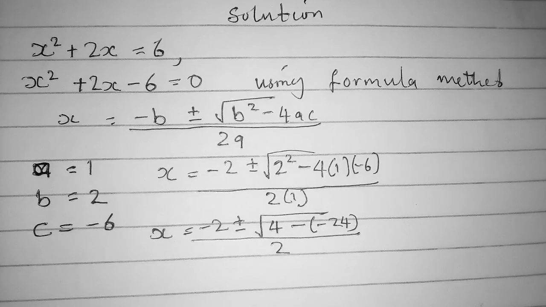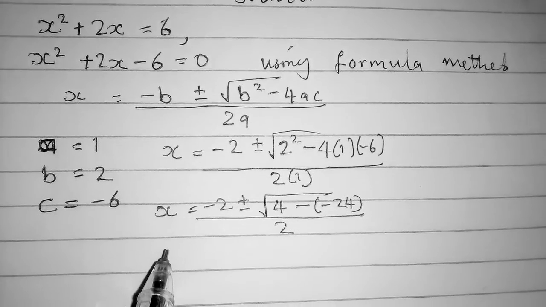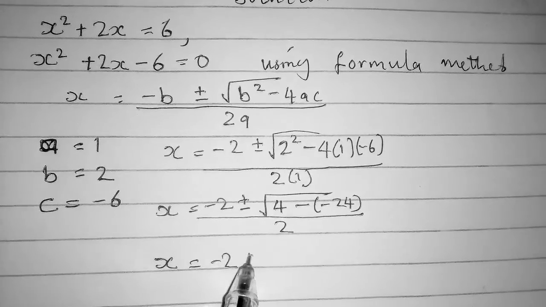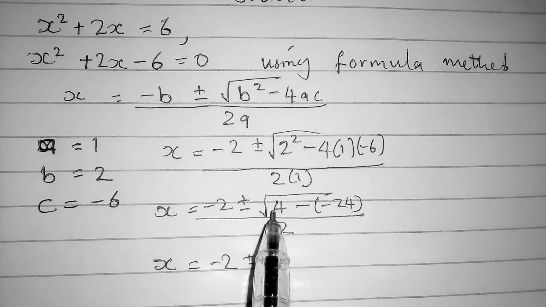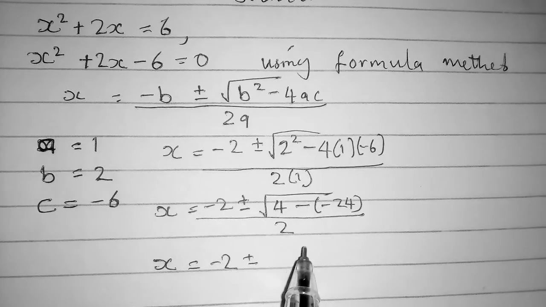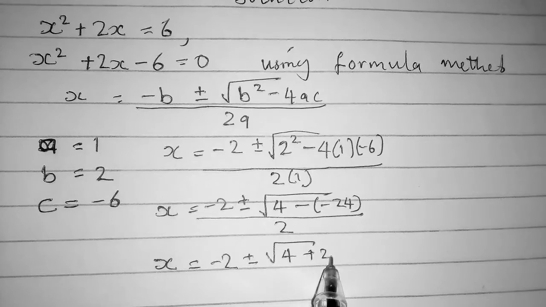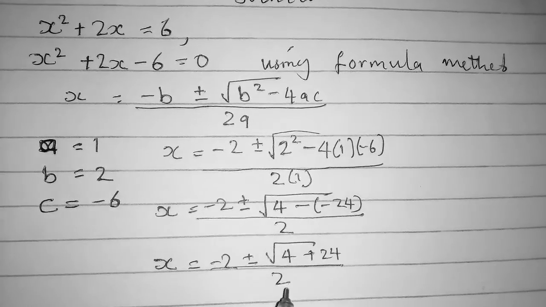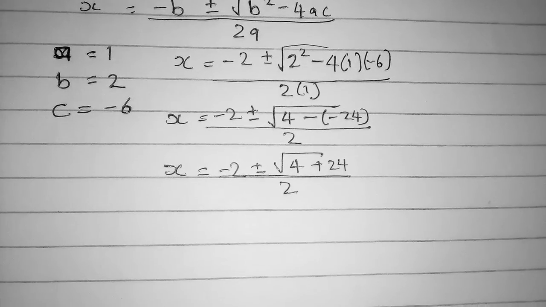Now, minus times minus will give us plus. So 4 plus 24 over 2.